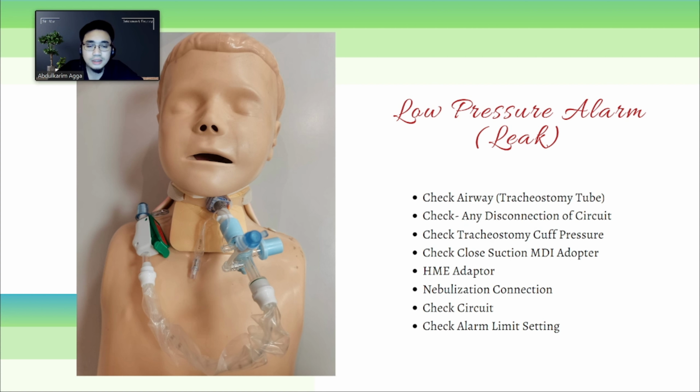There may be a leak in the nebulization connection, the circuit of the ventilator, or the alarm limit setting is too low or too high. So you need to remember these things. Again, for a high pressure alarm, it is more on resistance coming from the patient's side, and for a low pressure alarm, there is leaking coming from the ventilator side.